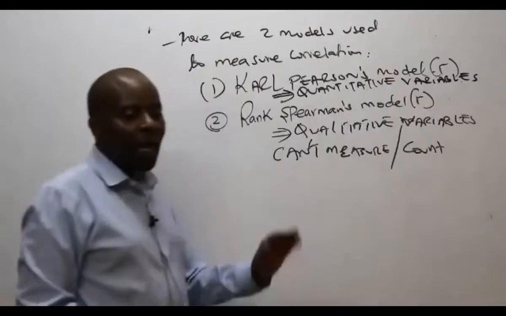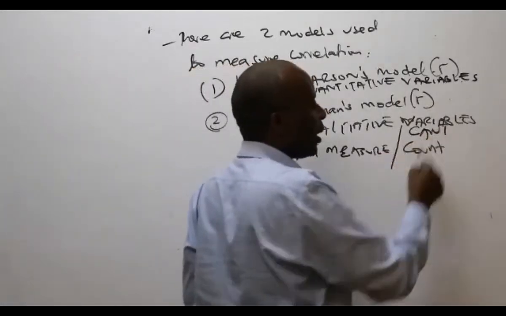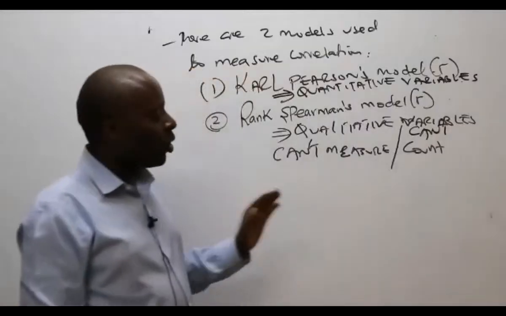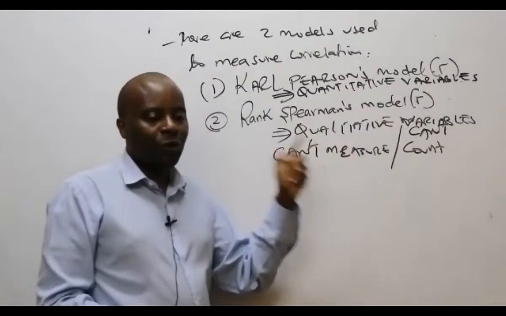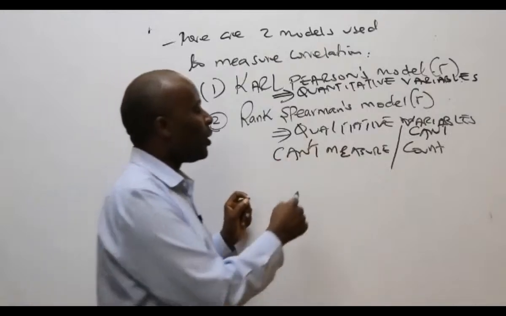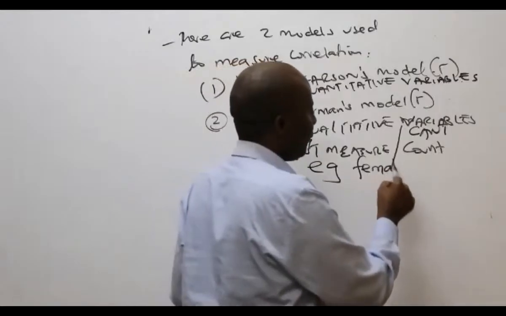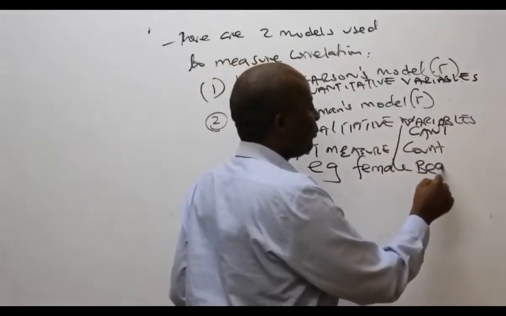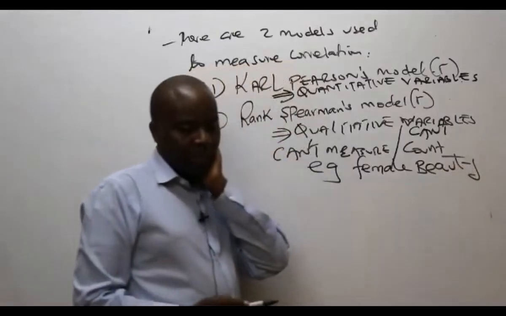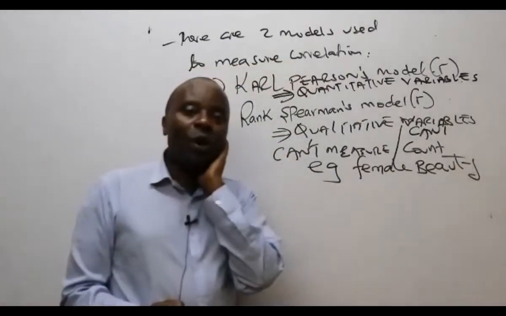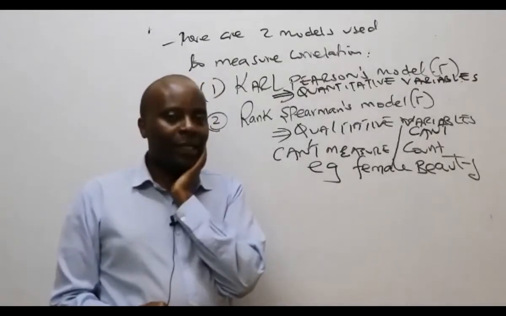Those variables that you can't measure, you can't count are called what here, somebody? Qualitative variables. A very good example of a qualitative variable, ladies and gentlemen, is female beauty.